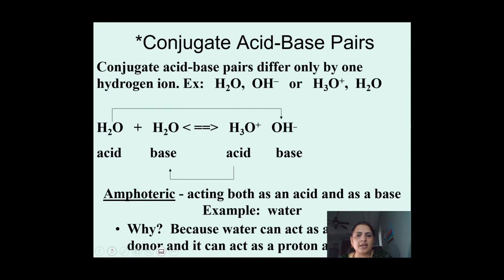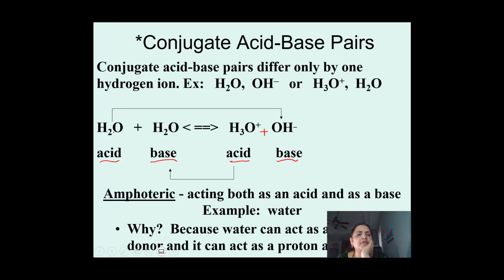So in this case, water is always dissociating into H3O plus and OH minus. So here H2O and OH minus are an acid-base pair, whereas this H2O and this H3O plus are an acid-base pair.